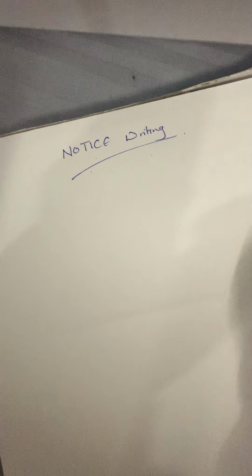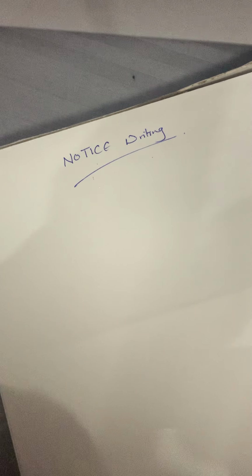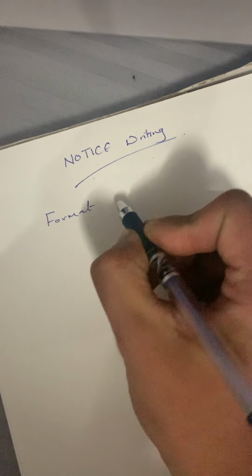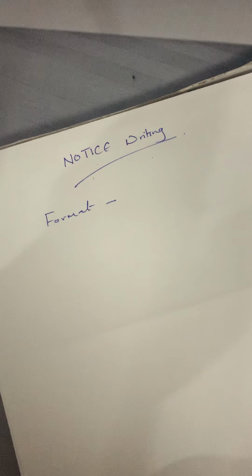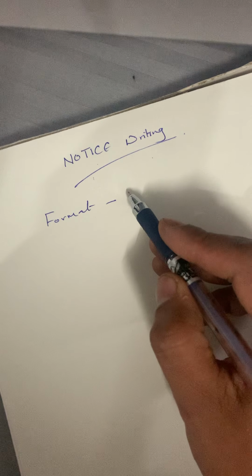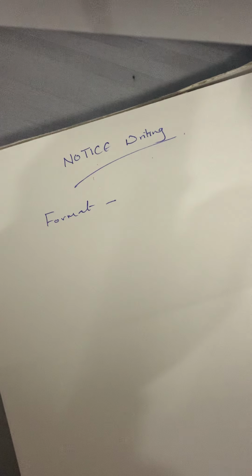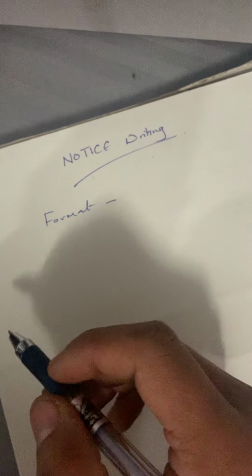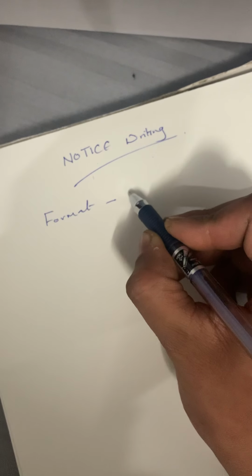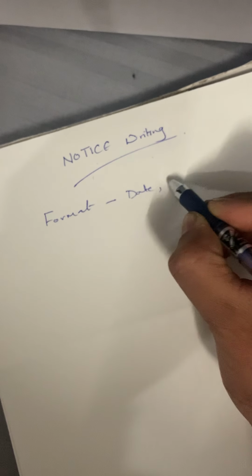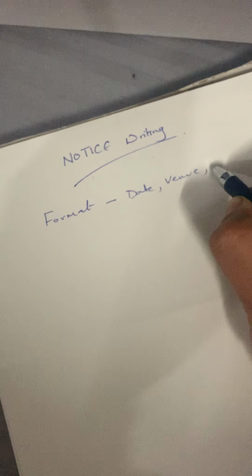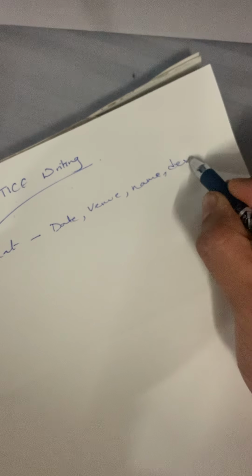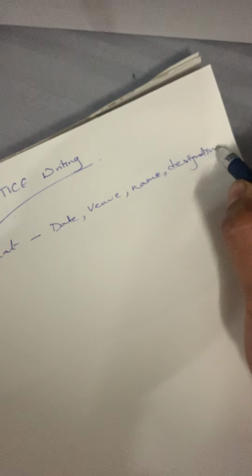Now, what are the main characteristics of notice writing? All right. First is the format. Now, what is a format? It includes a certain set of information that one needs to keep in mind while writing a notice, which includes date, venue, writer's name, and designation as well.